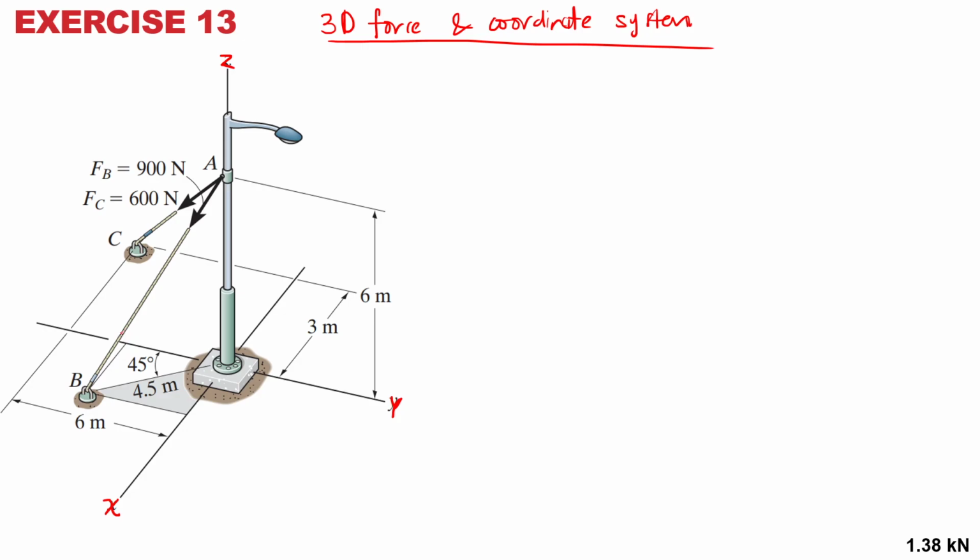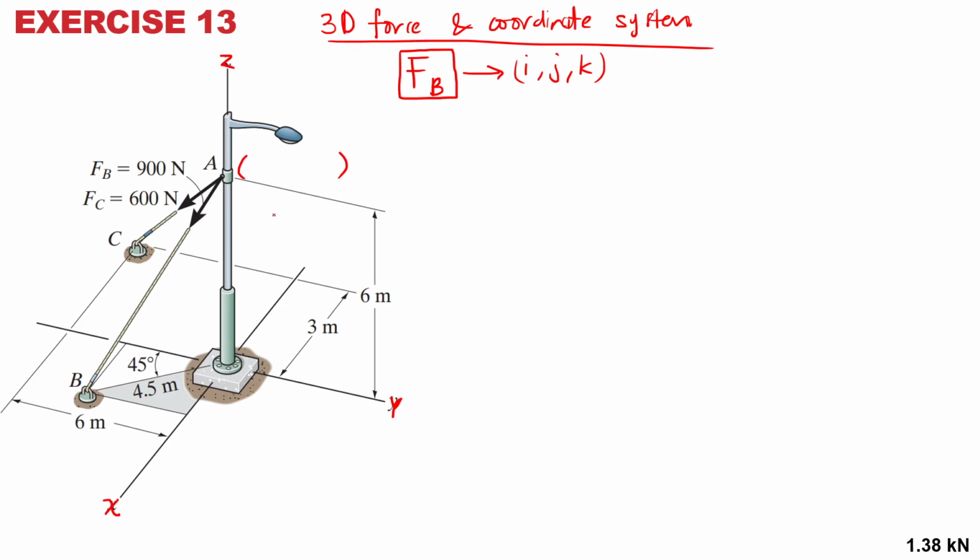Let's represent, I suppose, the hardest one, FB first. Let's do FB. Let us solve FB. How to convert to i, j, k? Number one, look for the coordinates.